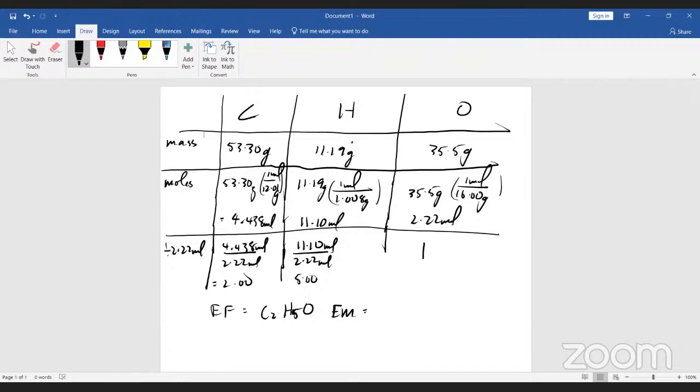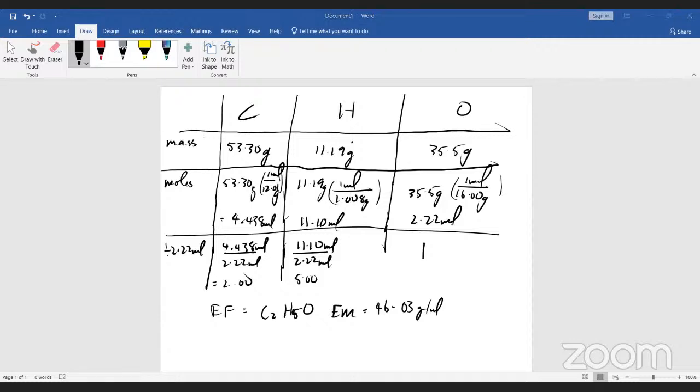So that's 2 times 12.01 plus 5 times 1.008 plus 16. According to my calculation, this works out to be equal to 46.03 grams per mole.